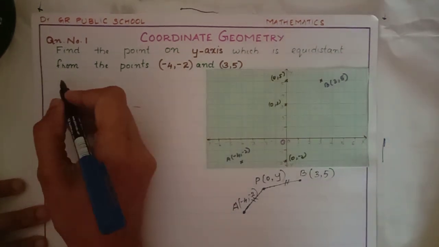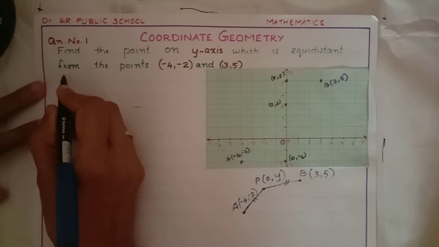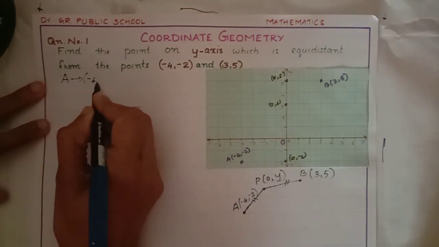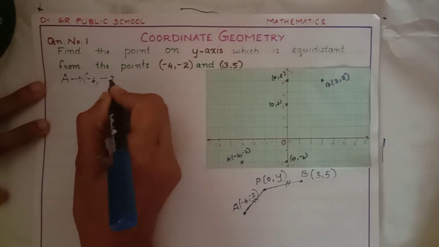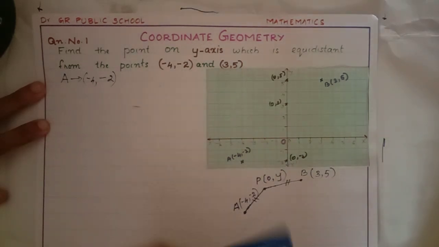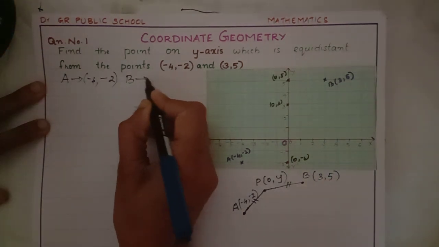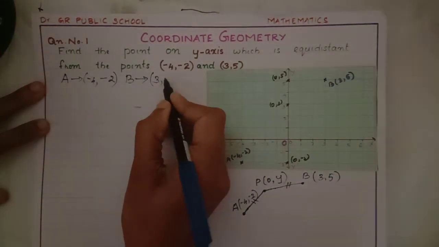So how have we started? We have taken the given points as A (-4, -2) and B (3, 5).